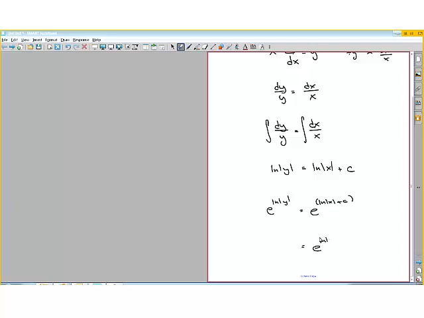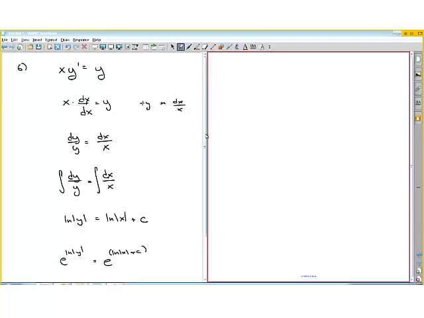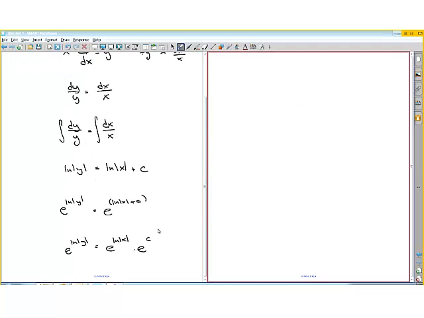We can break the right-hand side up into two parts, and we can call that c.